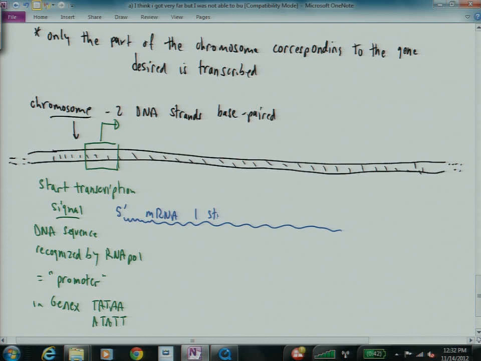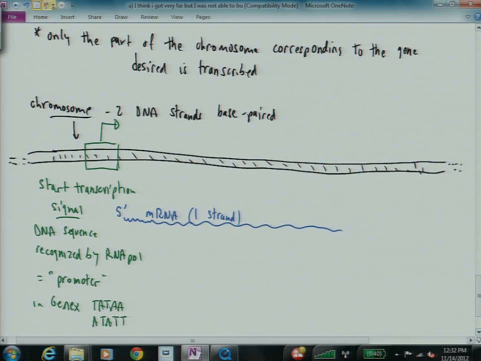Okay, and you've got the same deal, right? You've got a RNA polymerase. You don't want it to keep going forever. You only want it to read this gene, so you got to tell it when to stop. Again, RNA polymerase doesn't know anything, doesn't have any foresight, doesn't have any smarts. It's going to have to be a DNA sequence. So if you want it to stop at the end of a gene, you have to put a signal to tell RNA polymerase to knock it off already.